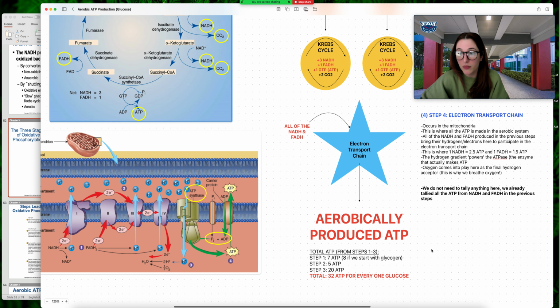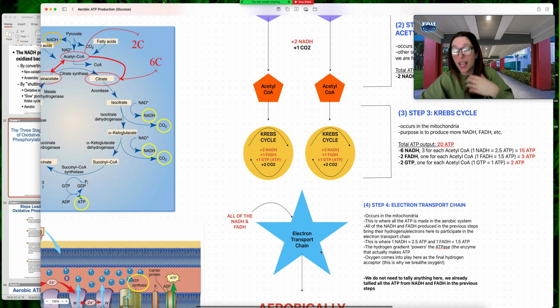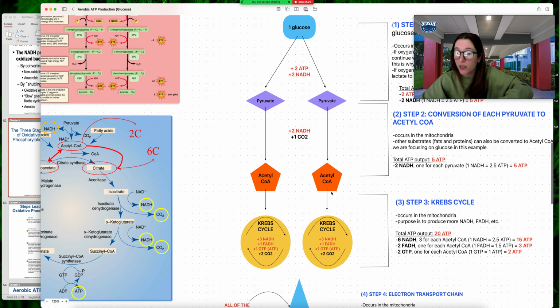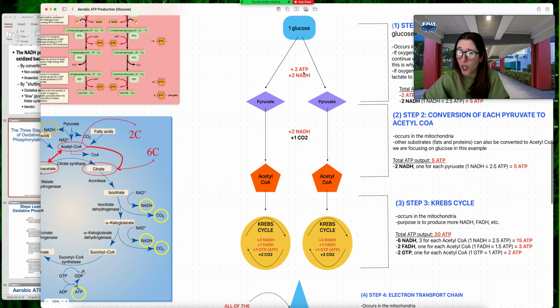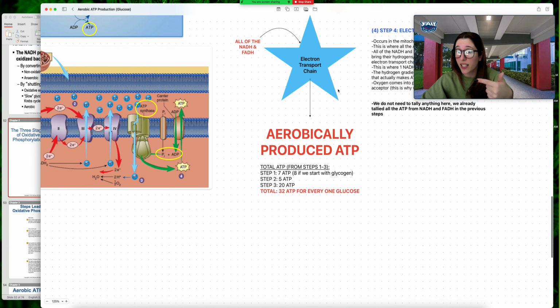aerobically, okay? So again, the electron transport chain is where we're producing all of our ATP aerobically, right? Again, we made a couple ATPs along the way, but for the most part, the whole process of all of this was making a whole bunch of NADH and FADH and stuff like that, right?